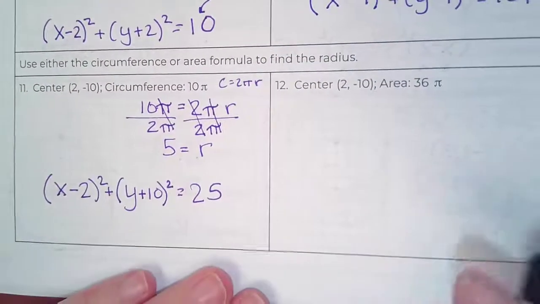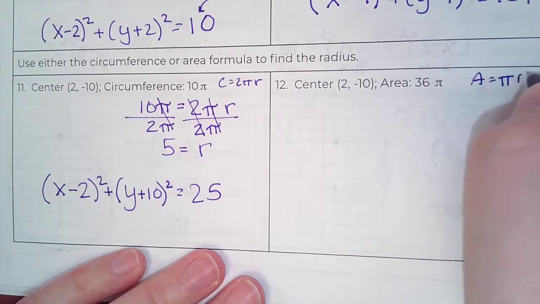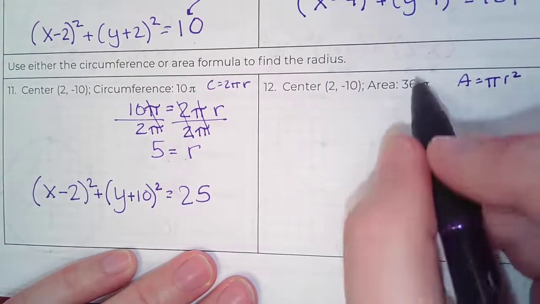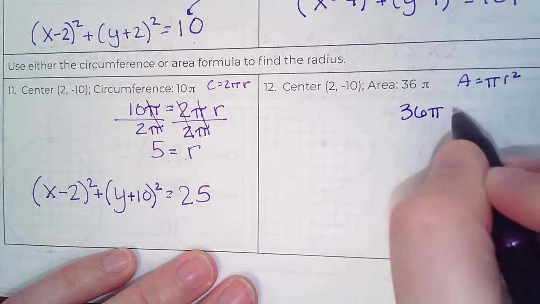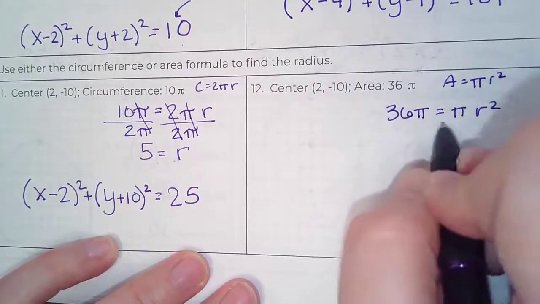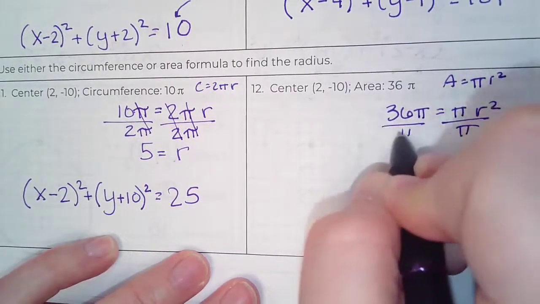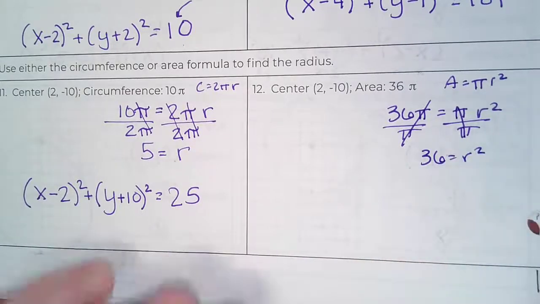Last one. So I've been given the area formula, so I'll use A equals pi r squared. Solving for r, so 36 pi equals pi r squared. Divide by pi, cancel, cancel, 36 equals r squared.